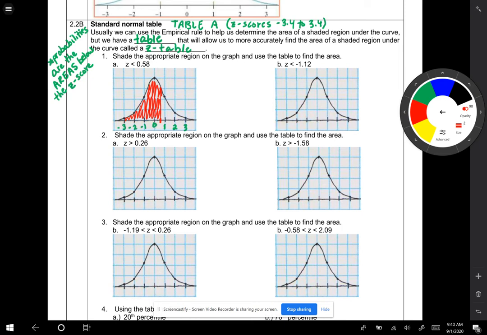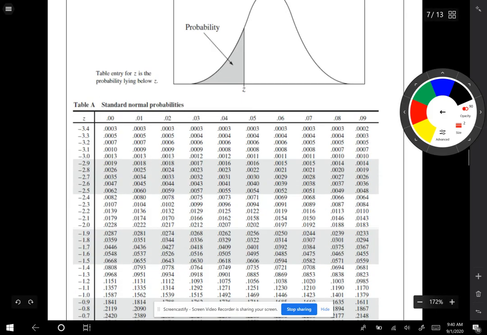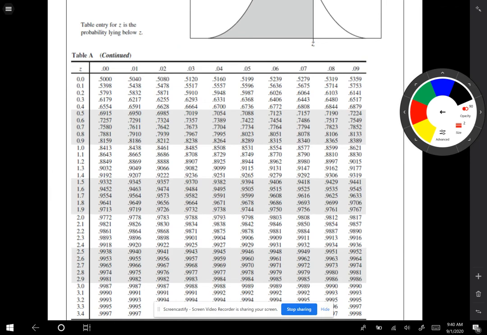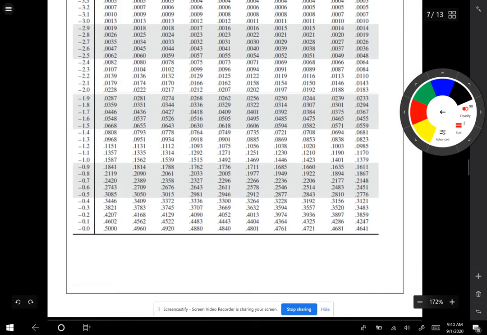You know it's going to be more than 50% because right at 0, it's 50%. To figure this out, you go to your table and you find 0.58. This is how we read it. It's positive, so go to the positive side. You go to 0.5, right here, and then you go all the way to where you see 0.08, which would be right there. So the answer is 0.7190.